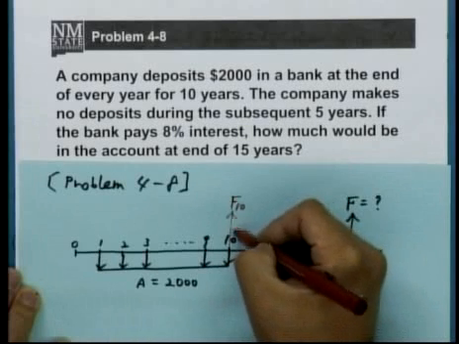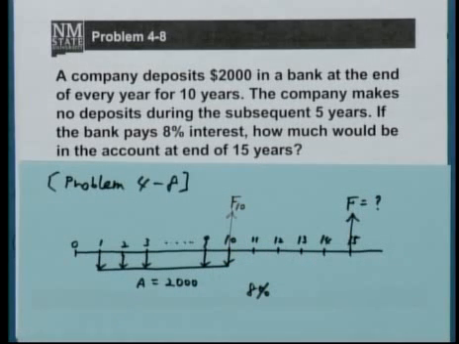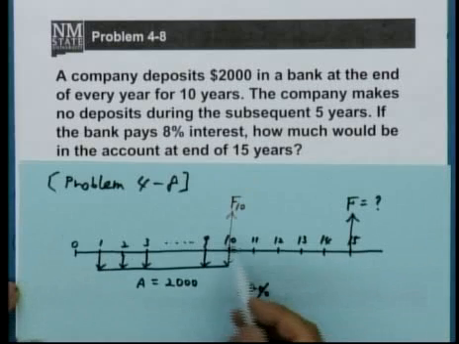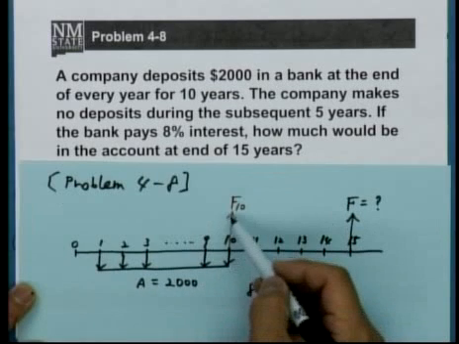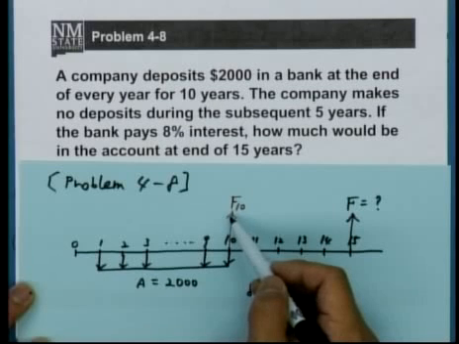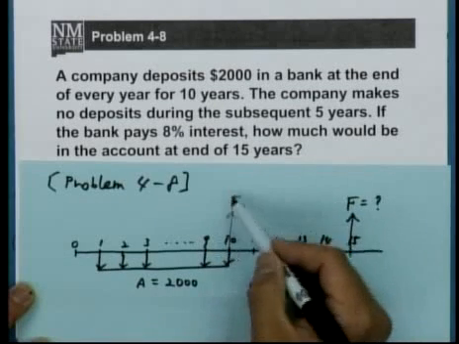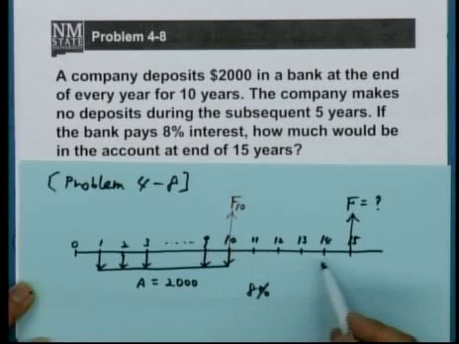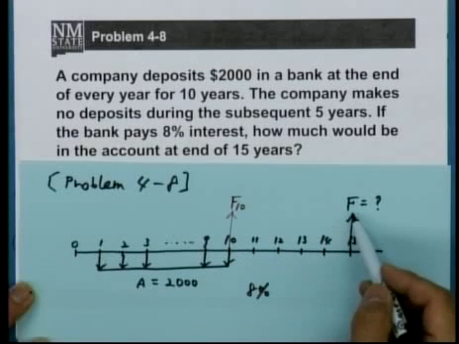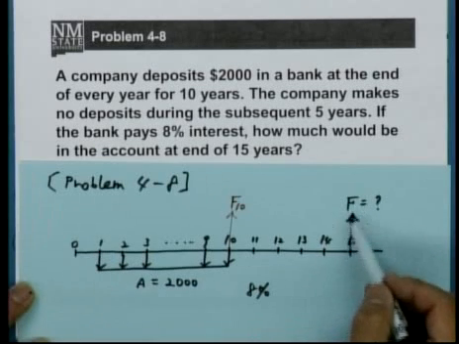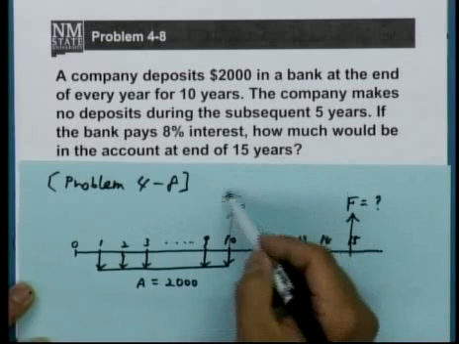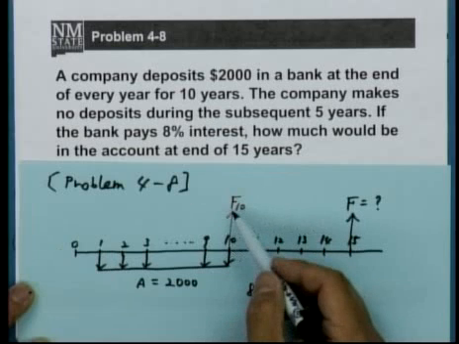Then a uniform series of 2,000 can be converted to an equivalent future value, which is f sub 10. After that, this f sub 10 can be converted to an equivalent future value of f at the end of period 15, right? So of course, in this case, f sub 10 can be considered as a present sum.